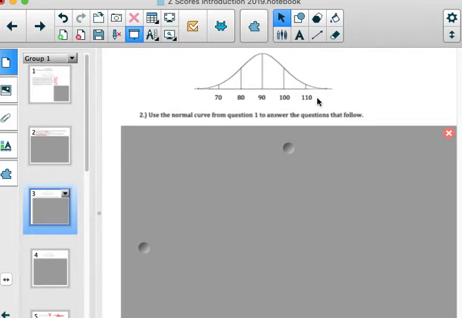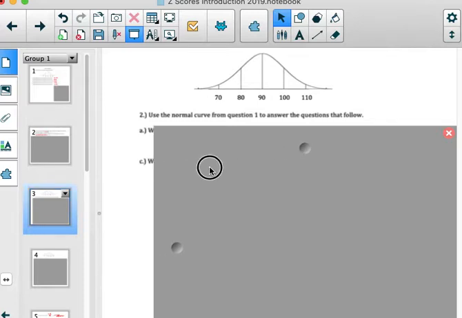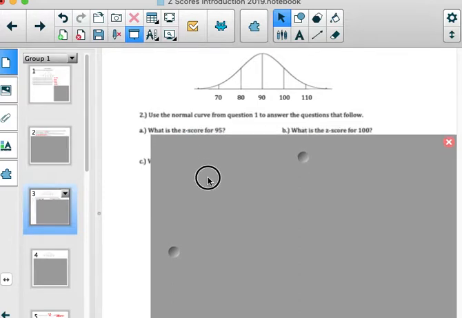I would like you to take 2 minutes here and give it your best guess at how far away these numbers shall be. For instance, on A, it says, what is the Z-score for 95? The Z-score is, again, in terms of standard deviations.